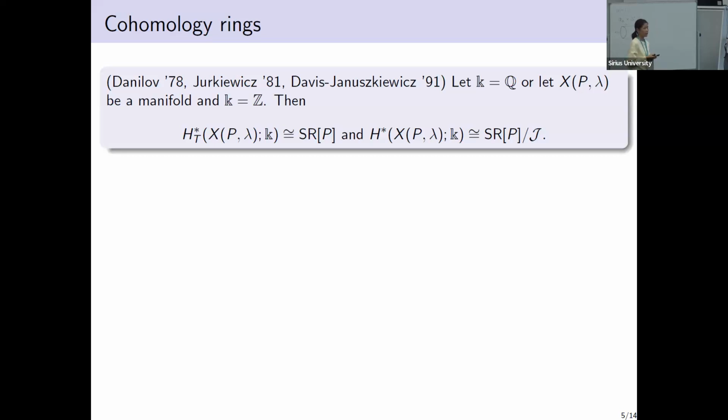And in that case, the cohomology ring is isomorphic to the Stanley-Reisner ring modulo the ideal determined by the characteristic function, which we denote by J.